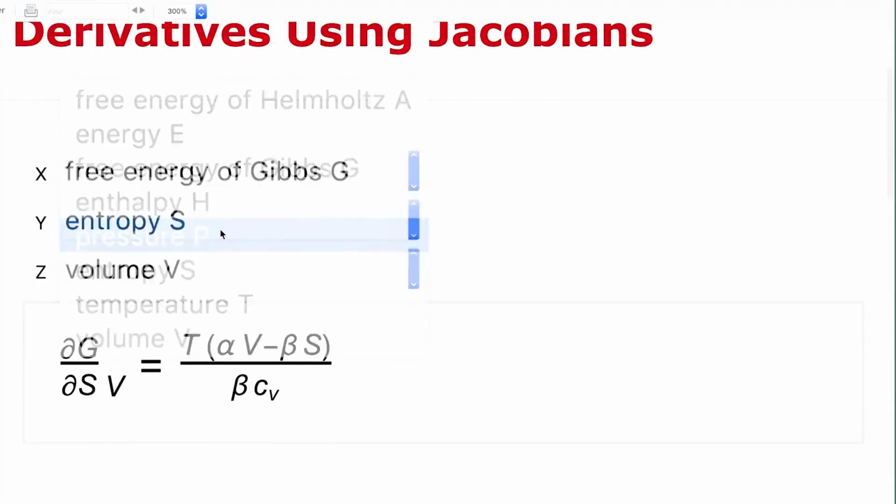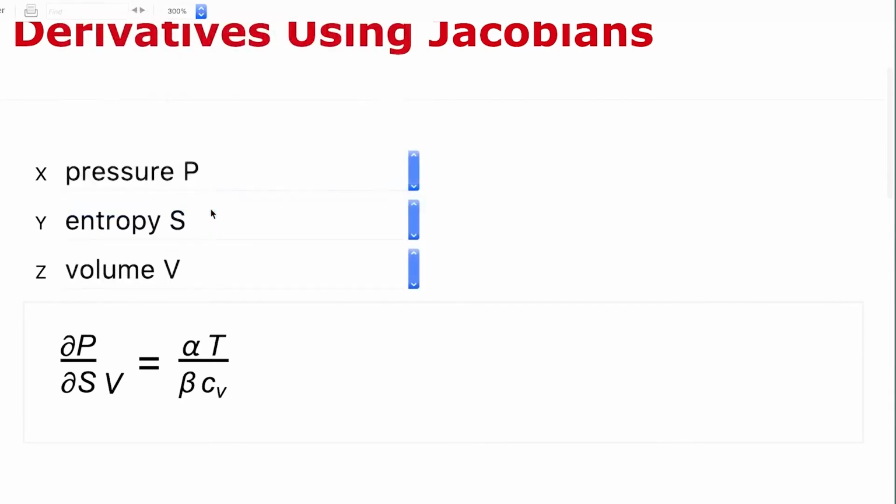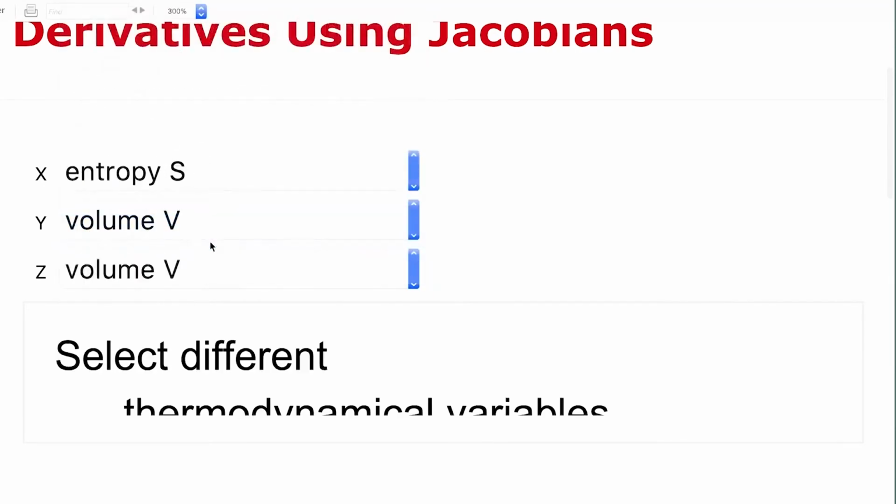I can also take del P, and I can show you some of the Maxwell relations. So, for example, I can show you del S by del V at a constant temperature.